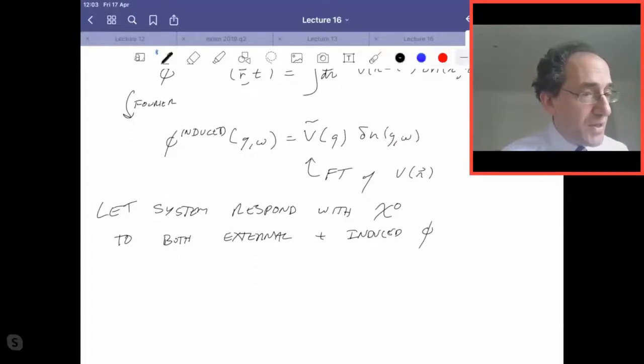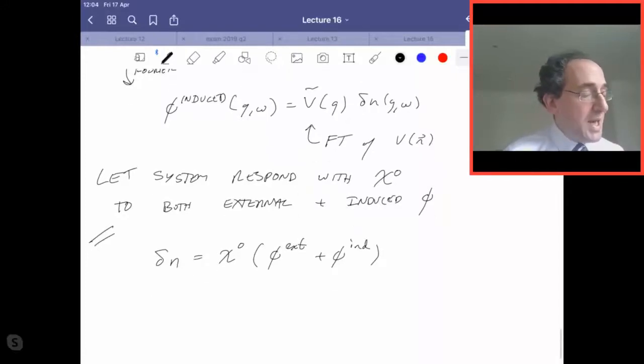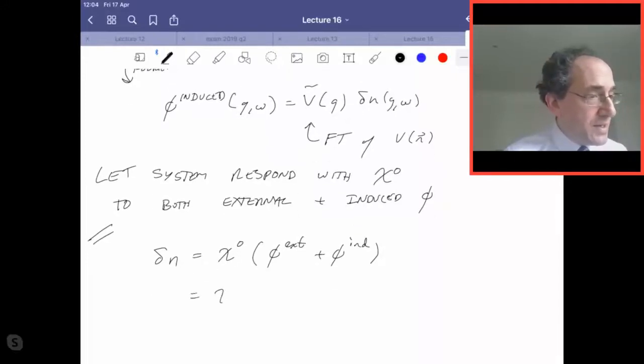Okay, so the delta n is going to be chi naught times phi external plus phi induced. And phi induced, we already decided, is just v twiddle times delta n.